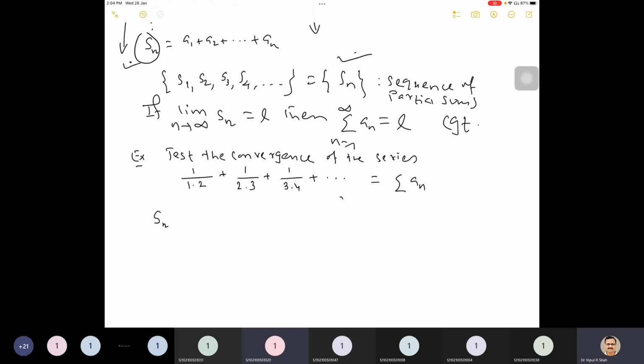But what is An here? The nth term of this series is what? 1, 1, 2, 3. So this is n, 2, 3, 4. So it is n plus 1. Agree? Yes, sir. Okay. Can I write this as 1 over n minus 1 over n plus 1?